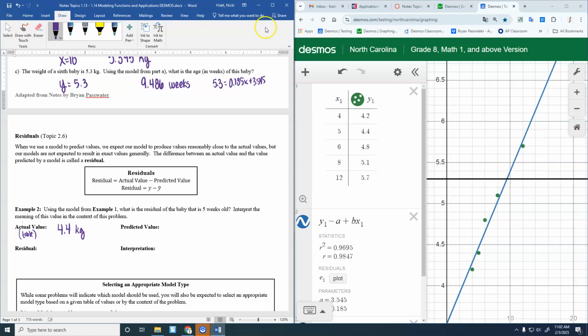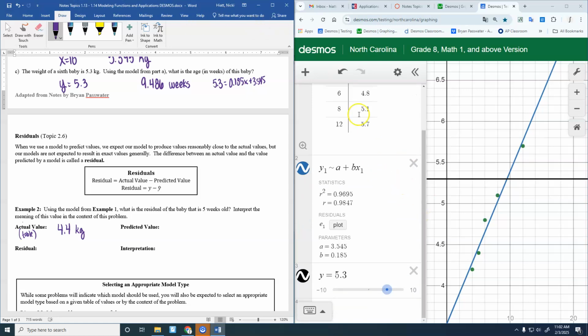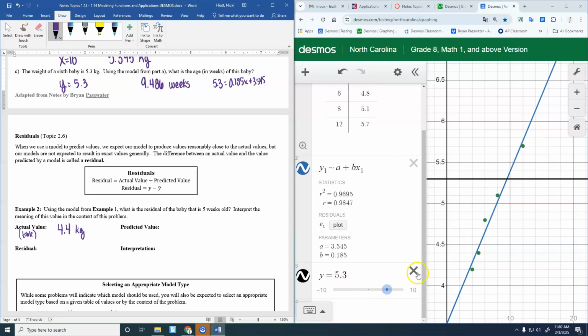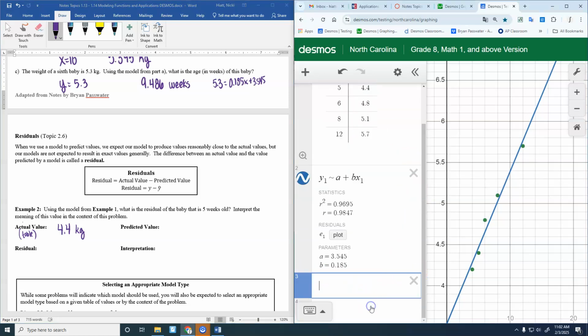However, the predicted value is what I get if I plug 5 into this line. Again, the quickest way to do that is just to say x equals 5 and see where they cross, which is 4.47 kilograms.